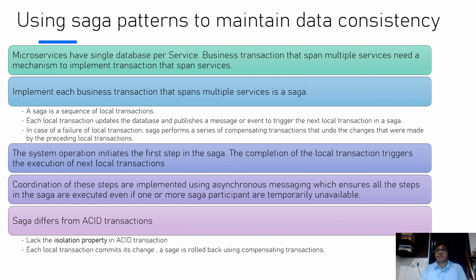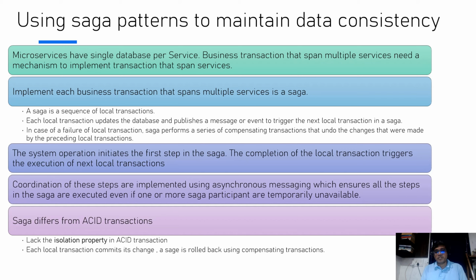So you implement each business transaction that spans multiple services as what we call a Saga. Now, a Saga is nothing too complicated: a sequence of local transactions. Each local transaction updates the database and publishes a message or event to trigger the next local transaction in the Saga. In case of failure, the Saga performs a series of compensating transactions that undo the changes made by preceding local transactions.